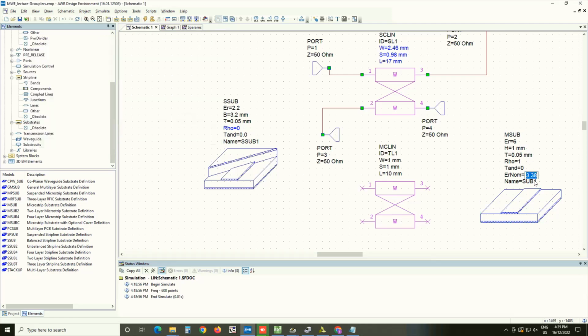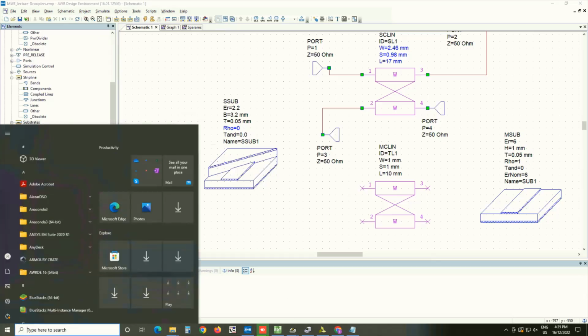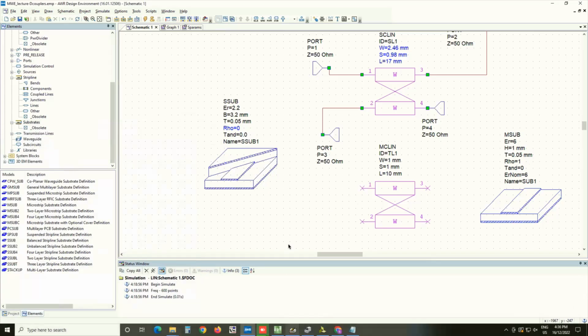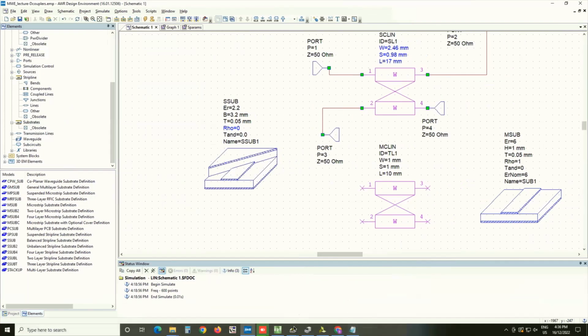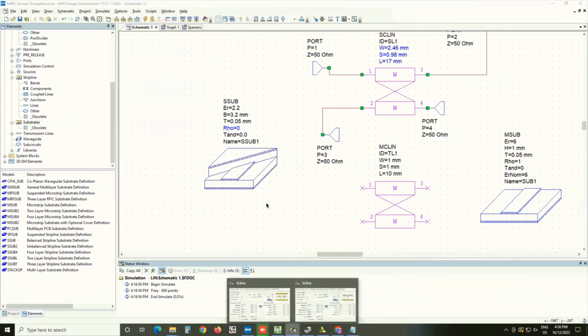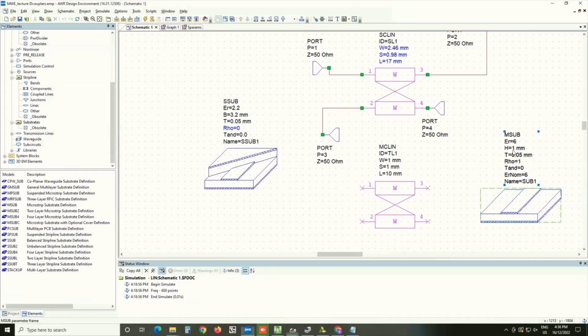I don't know what this thing is, but let's just set that. Height is 1.6.